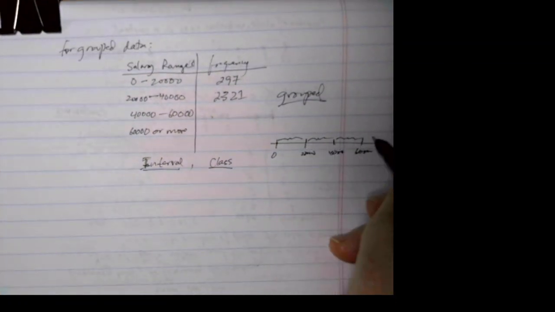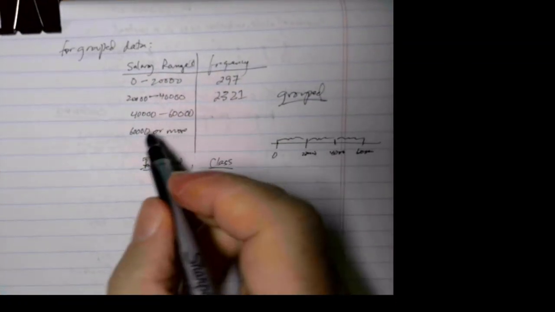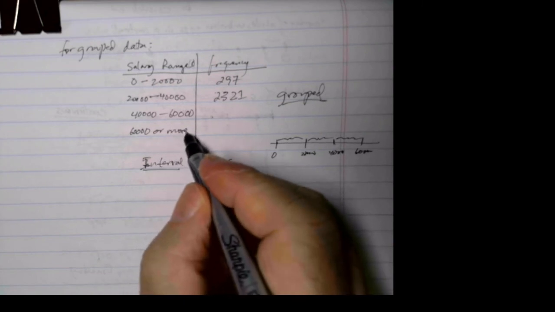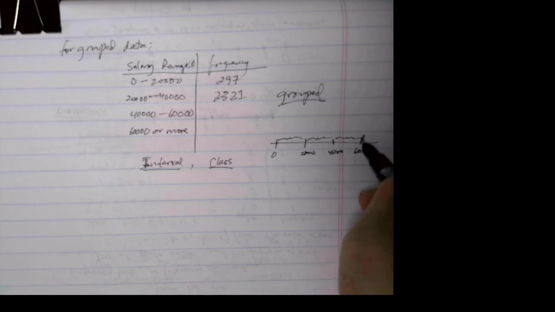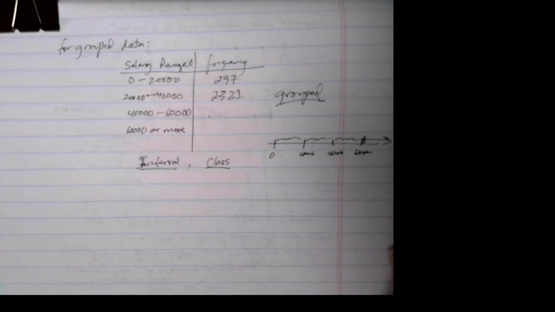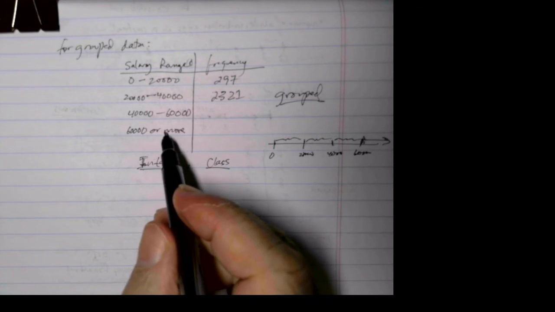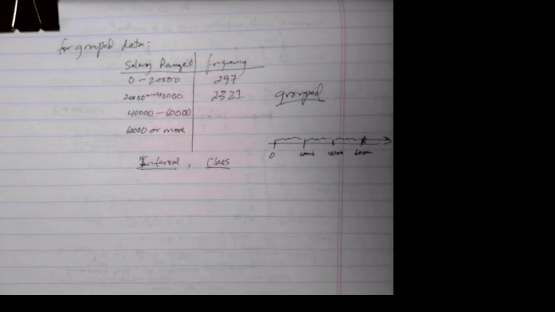And that's always going to happen for us. The intervals are all going to have the same width, except possibly once in a while you may have an interval that is semi-infinite, going from some point on up forever, when you need to represent 60,000 or more, or something like that.